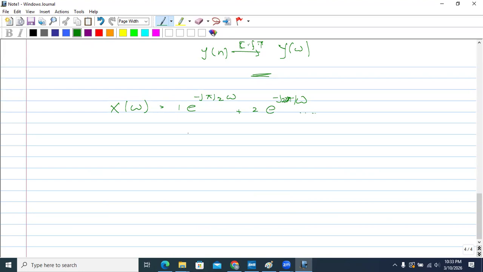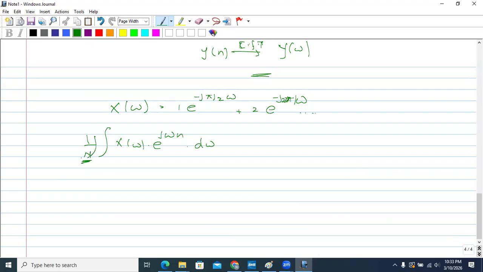For the inverse Fourier transform, you need to multiply this X omega by e to the power j omega n, then integrate with respect to d omega.